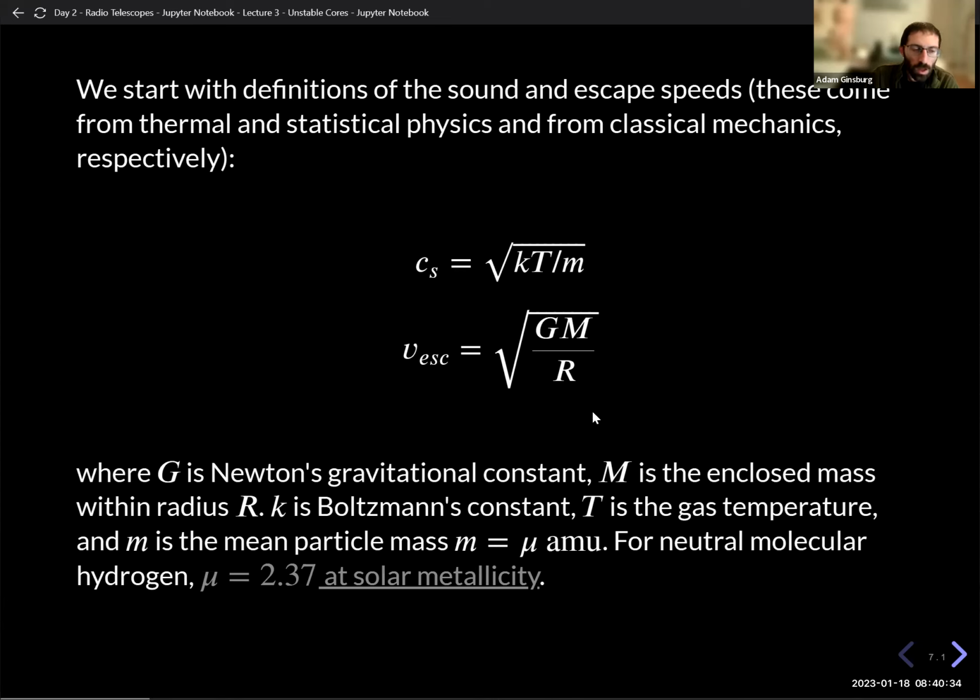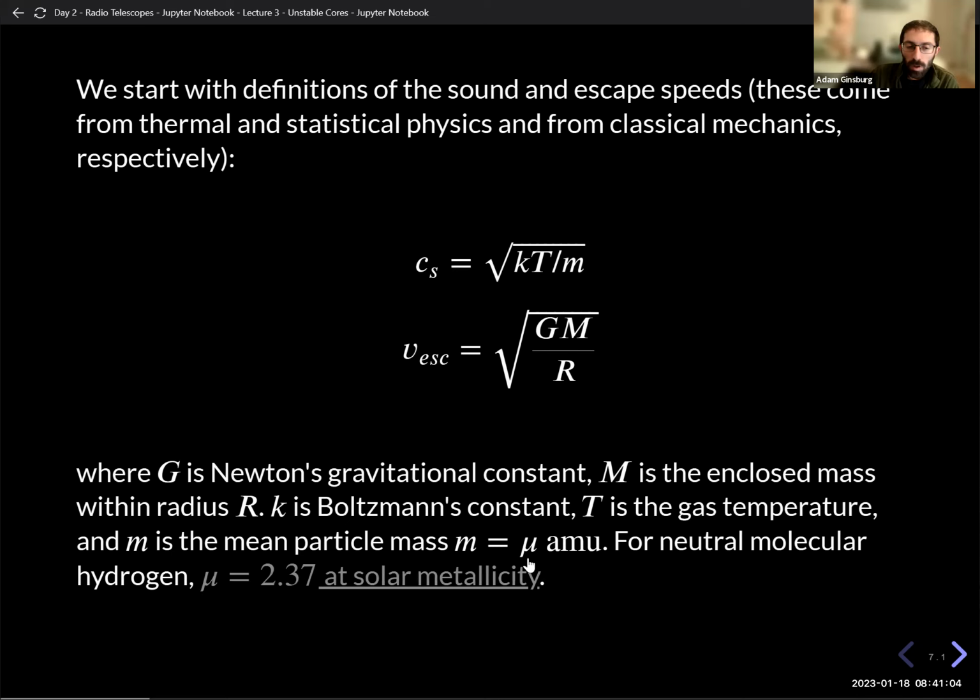I note down here that the particle mass we're using, the mean particle mass, is often written as mu times the atomic mass unit. So mu is also called the reduced mass or the mean particle mass. But it's the mass in atomic units. So mu is 2.37 at solar metallicity.